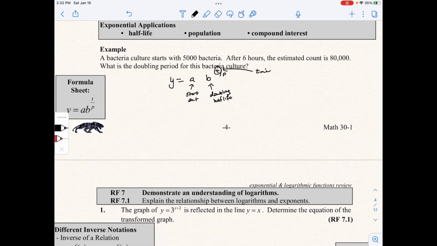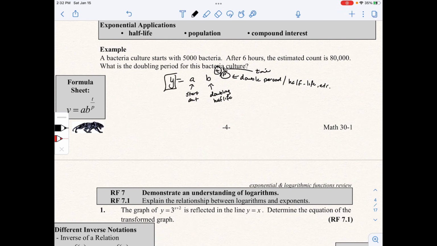And P is the period. It's the doubling period or the half-life time. How long does it take to break down to half? And then, of course, y would be our final amount.